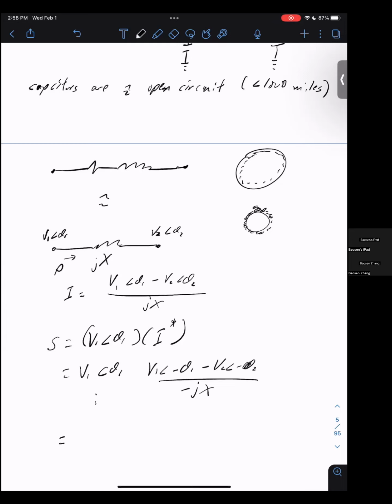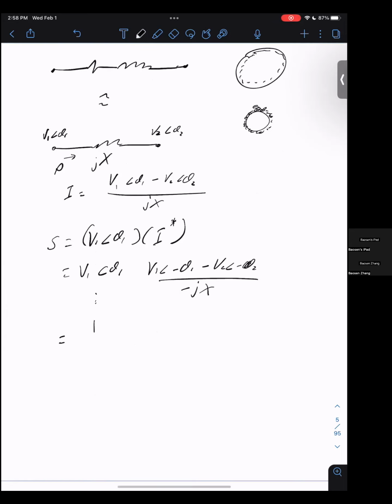You multiply this out. What you observe is you have 1 over x sine of theta 1 minus theta 2. So this is your P term. If you multiply this thing out, what you observe is you have this other thing, plus j. So this is your reactive power term.